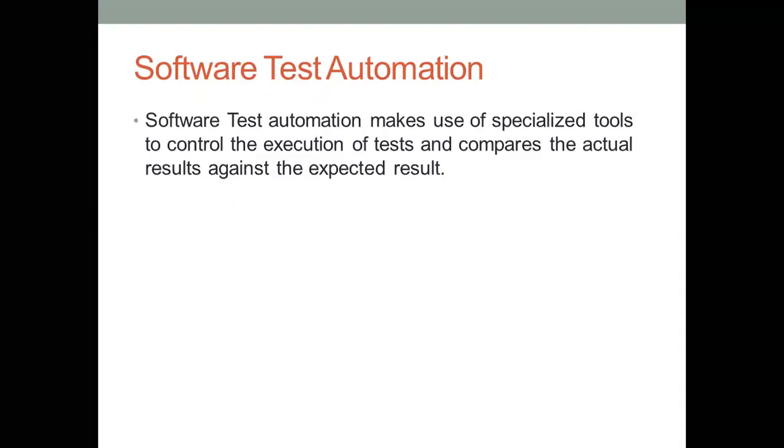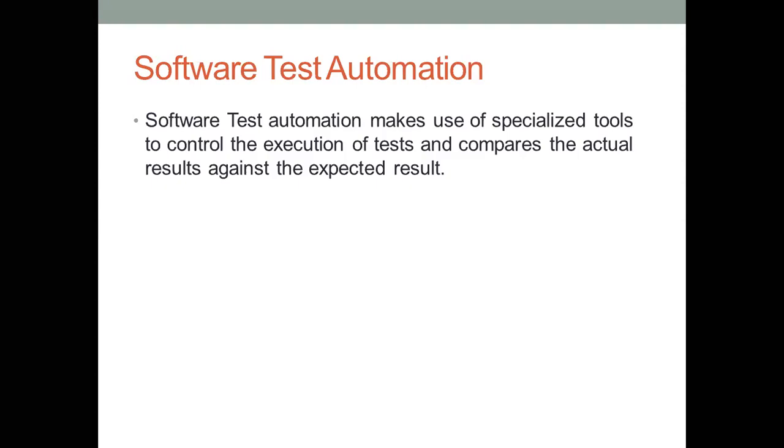So what is automation? What is the use? It makes use of specialized tools to control the execution of tests and compares the actual result against the expected result. So what is actually the meaning of this? In automation, some tools are used which do the actual testing of the software. So in this, testers are not doing testing of the application.